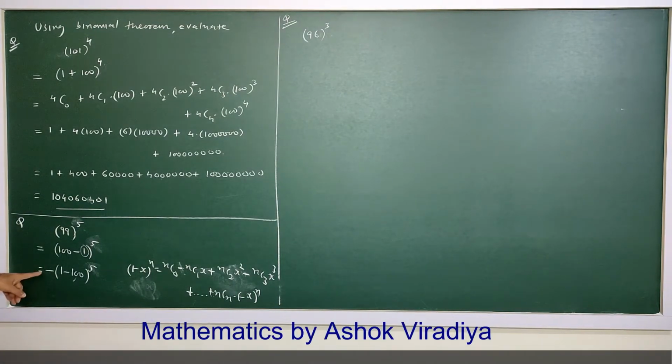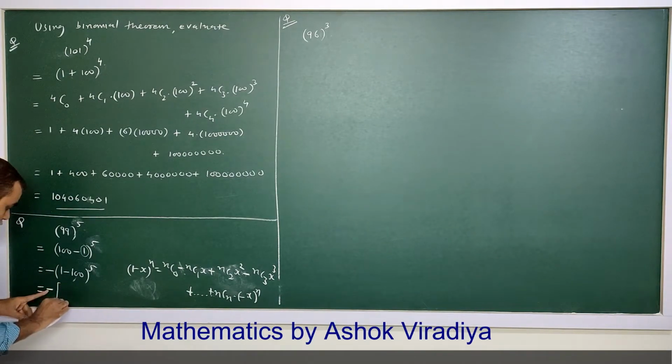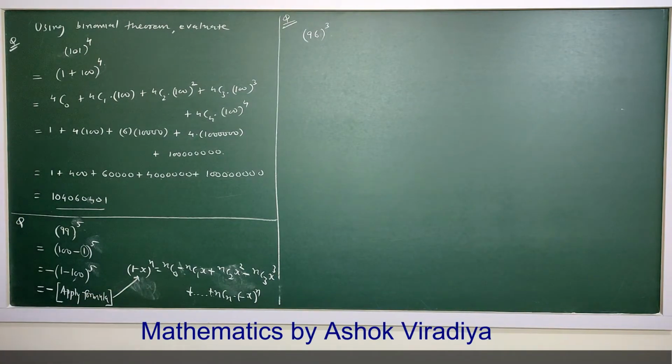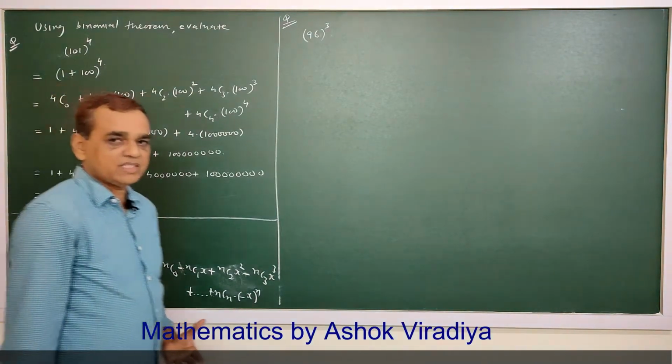You have to put the minus outside, and then carry this minus sign forward till the last term. And here you apply the formula. Which formula? This formula. So this can be completed this way.